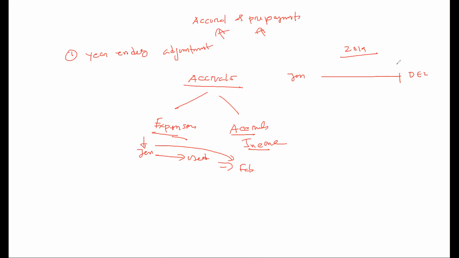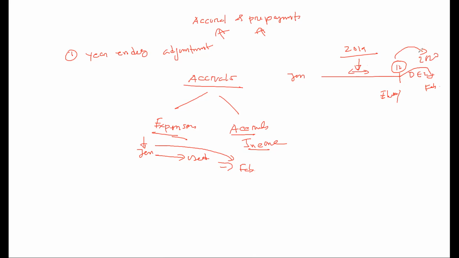Let's say for the month of December, month number 12, we use the electricity and we receive the bill or invoice at the end of December, or maybe next month, January, but we make the payment next year, maybe February. So year 2019 finished in December and this is 2020. For this year 2019, the payment is made in 2020.